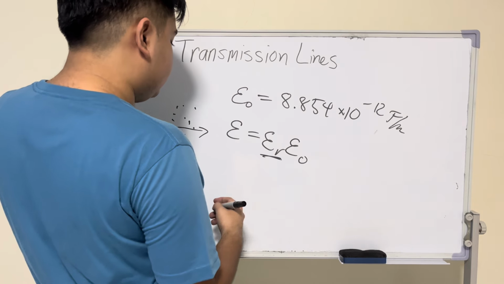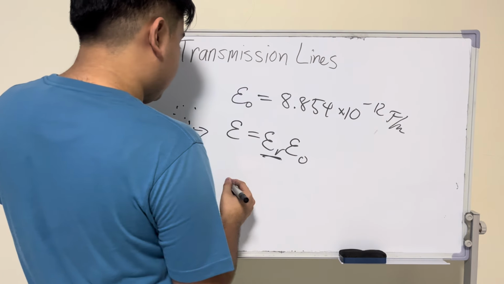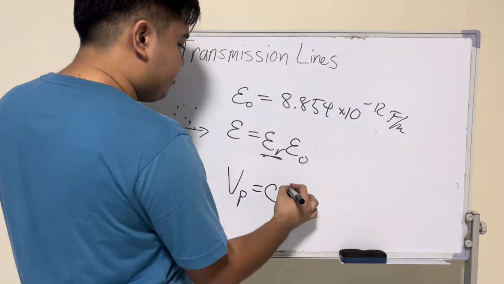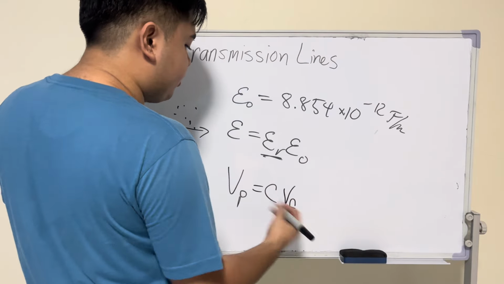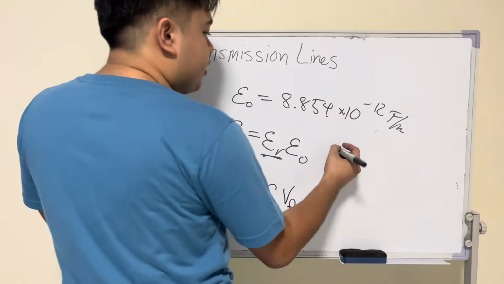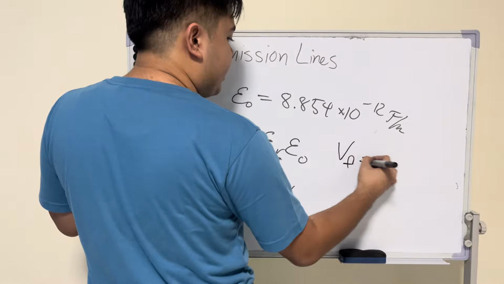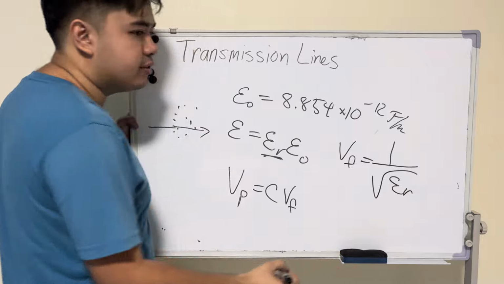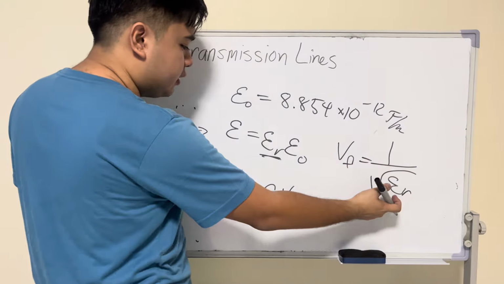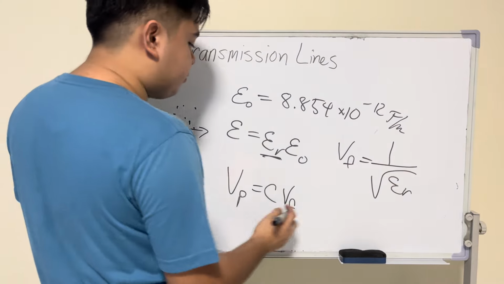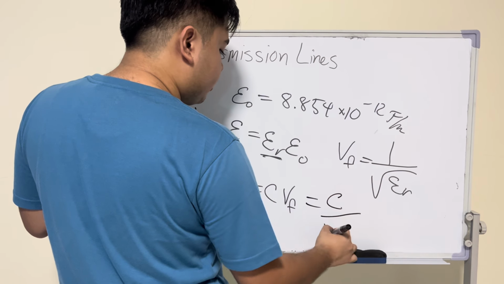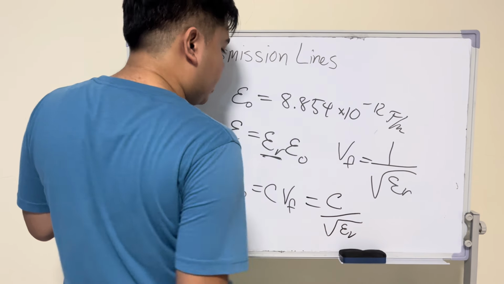The velocity of propagation is equal to the speed of light times some factor Vf, which is the velocity factor. The velocity factor is given as 1 over square root of the permittivity constant. So the velocity of propagation can be simplified to c over square root of ER.